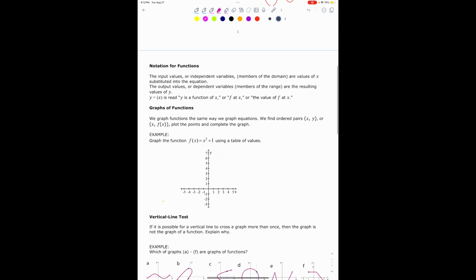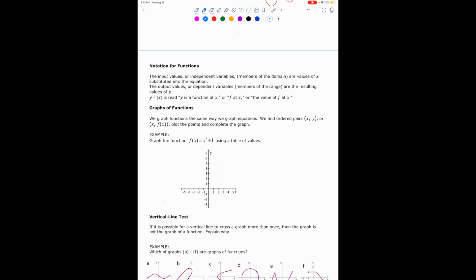The notation of functions. The input values or independent variables, which are members of the domain, are values of x substituted into the equation.